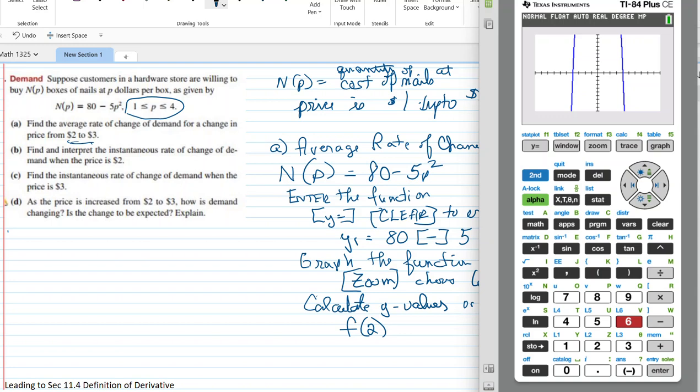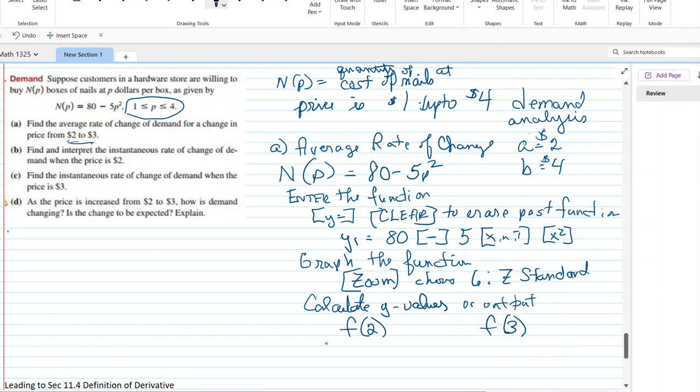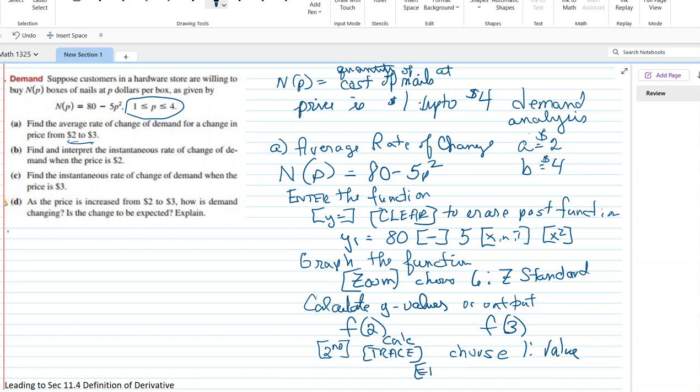I better write the conditions. To find this, we're going to do second trace. That's under the graphing notations, and this is for calc. And we're going to choose number 1 value by the enter key.